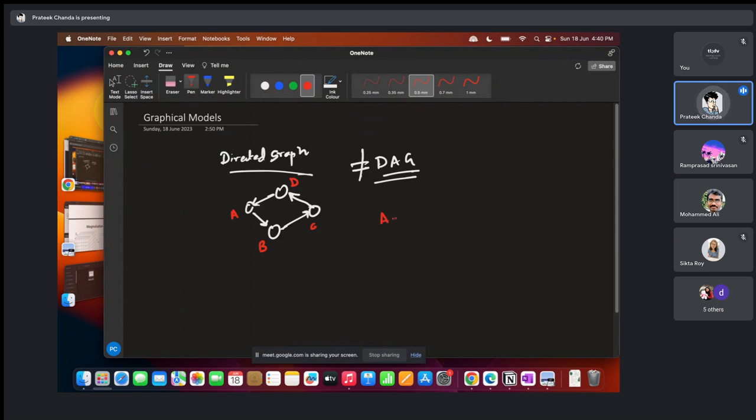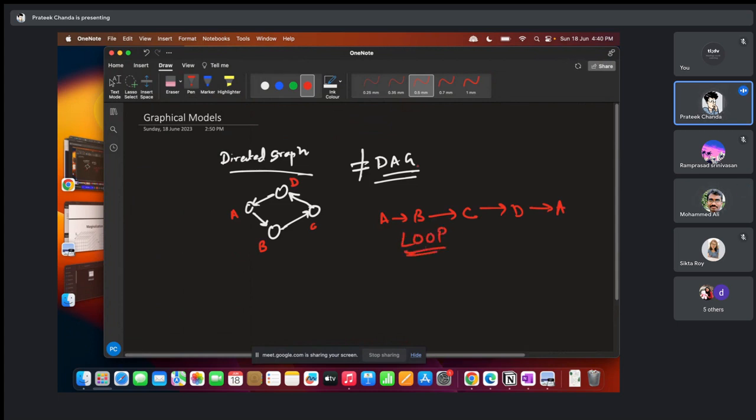You can think of it like hopping from node to node. You can go from A to B, from B to C, from C to D, and then you can go back to A. So there's a loop here.